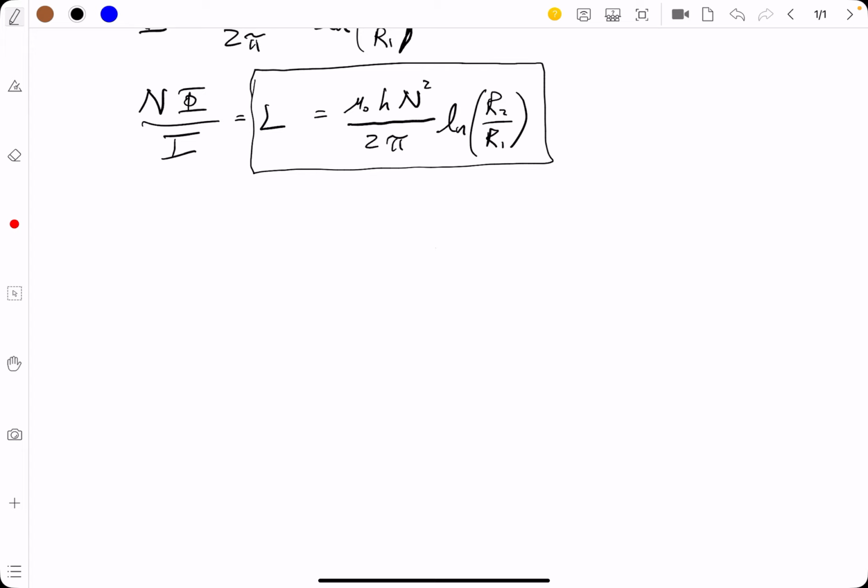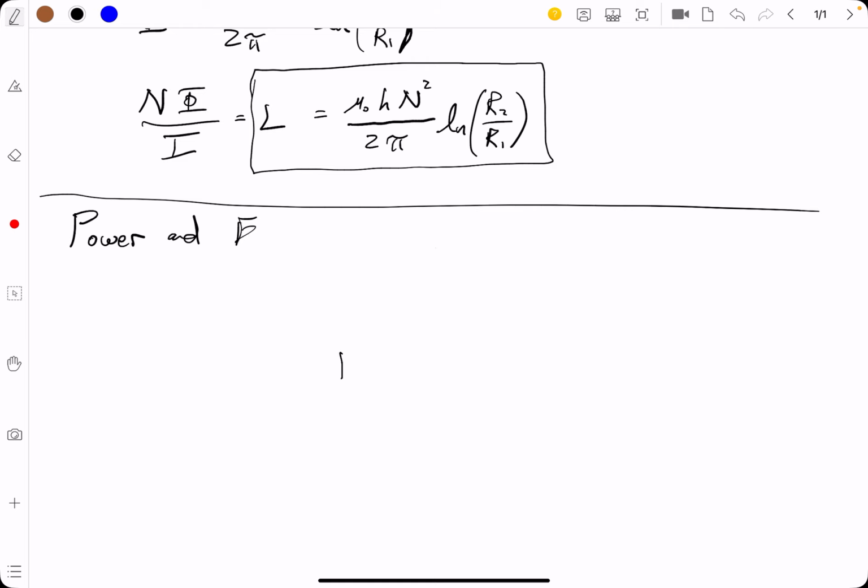And so what do we got? We've got power and energy. So let's start talking about power and energy. Because how is energy going through this thing? What are we getting power-wise?